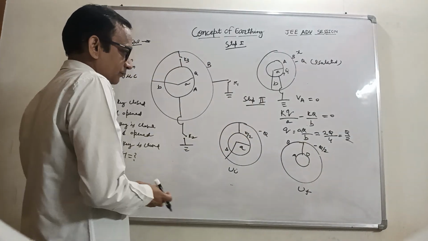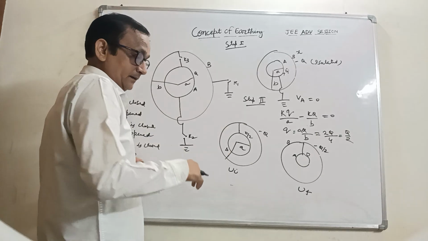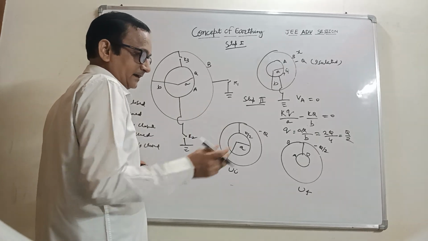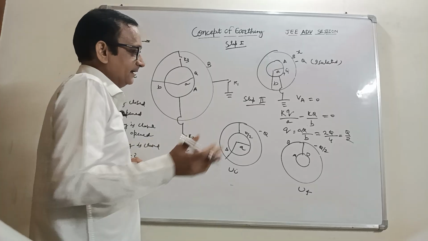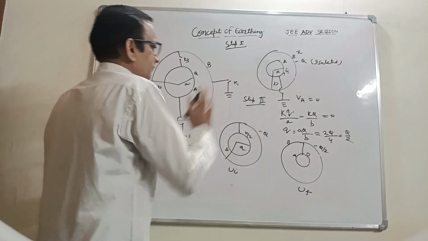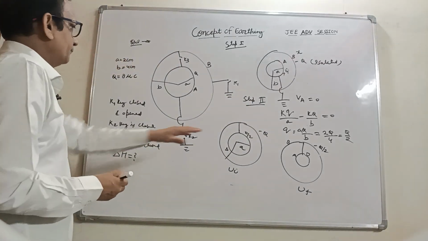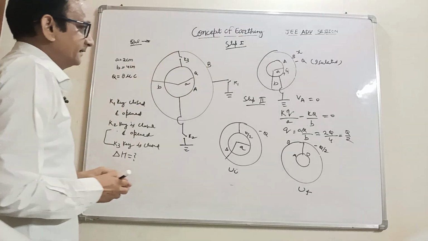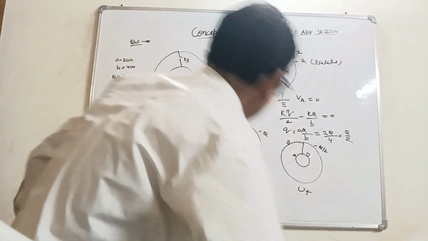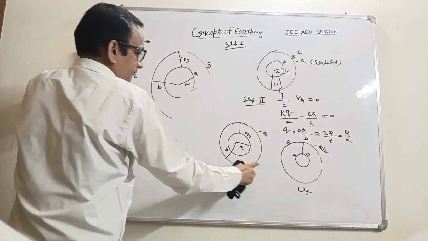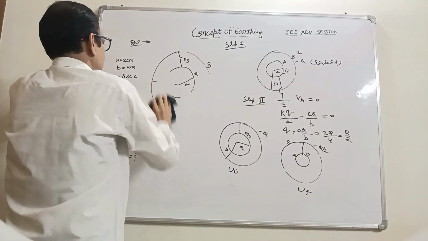So the outer surface. When conducting surfaces are connected, then the inner total charge transfers to the outer surface. This is the concept. So we remove all these things. We have to calculate here the heat loss from this scenario to this scenario.